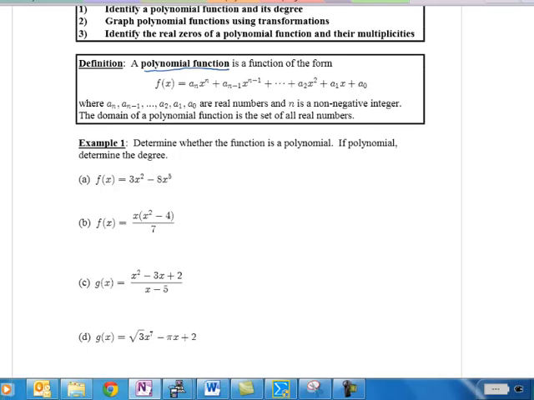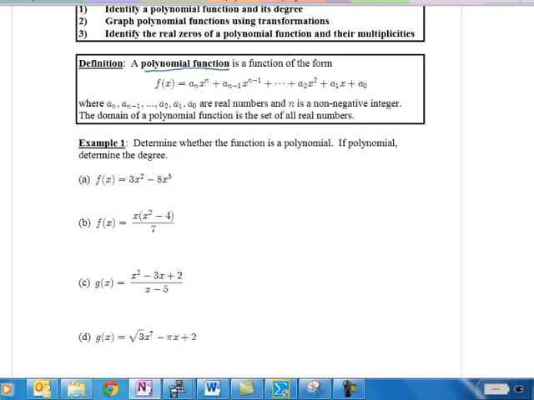So what we see here is just a sum of terms where each term is a constant times x to some non-negative integer power. So we don't have any x to the negative 1 or x to the negative 2. We don't see any square roots, right? So the subscript on the coefficient matches the exponent on the variable.